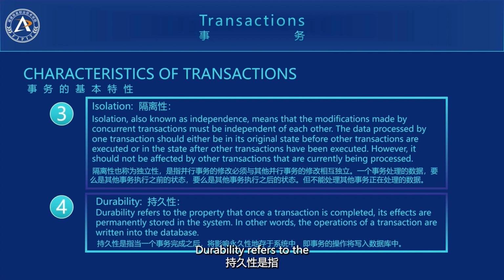Durability. Durability refers to the property that once a transaction is completed, its effects are permanently stored in the system. In other words, the operations of a transaction are written into the database.